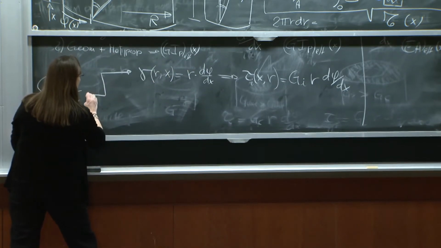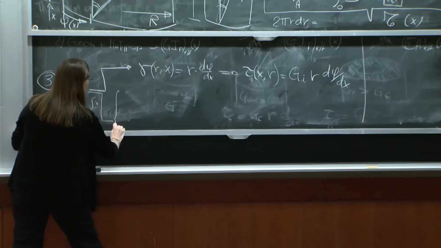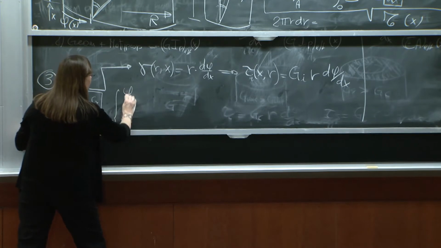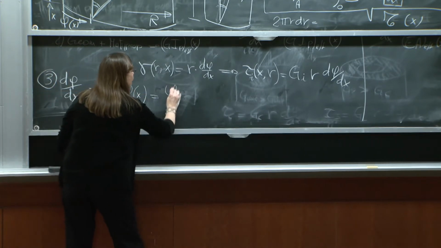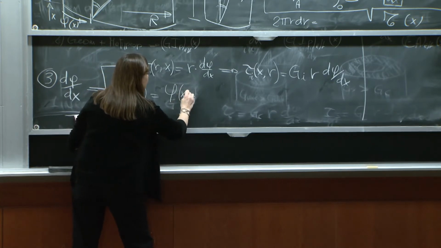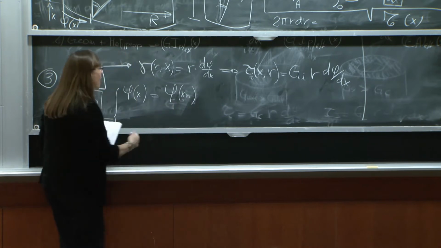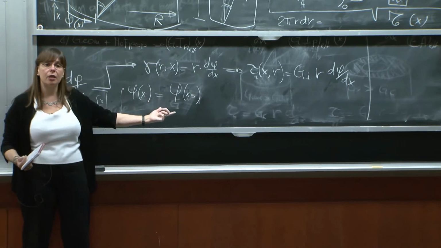What is the other thing that you do with d phi dx? You integrate in x. So when you integrate in x, you simply integrate starting from where you know something, phi of x0. Phi of x0 is the phi at the wall, 0 at the wall.